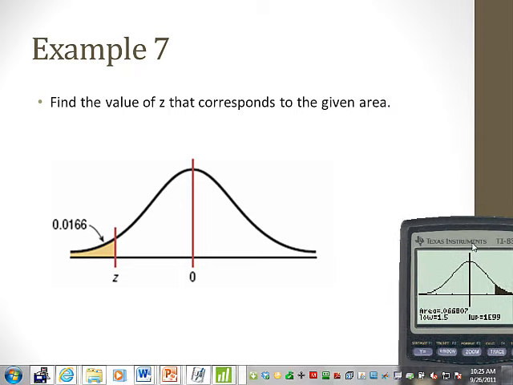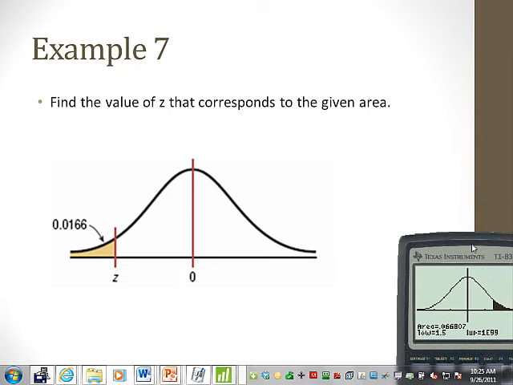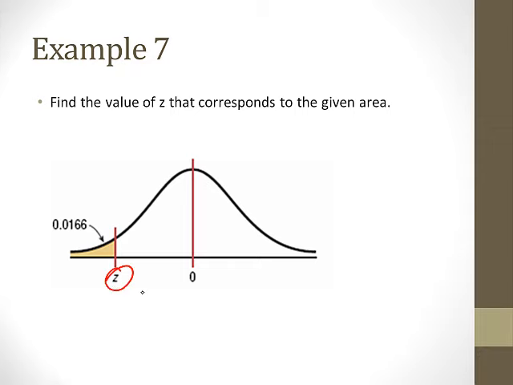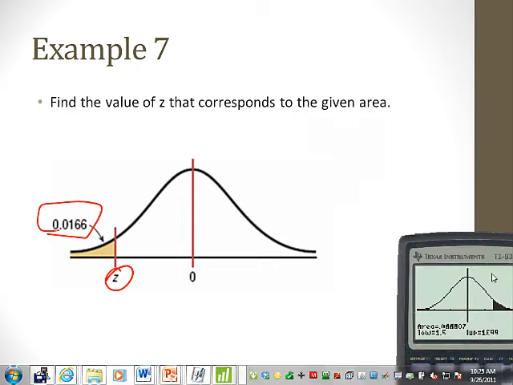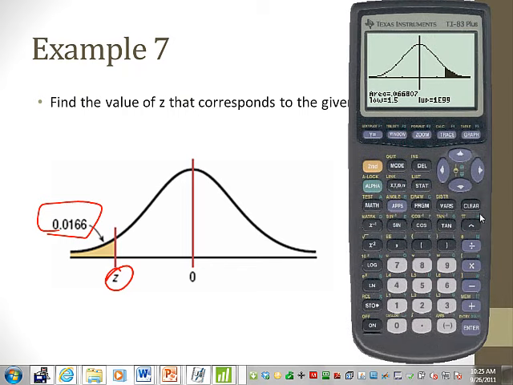Okay, let's do a few more. Going back the other way now. Find the value of z that corresponds to the given area. So now we want to find the z-score that corresponds to this area. In the old days, we used to have to look this number up in a table and back out the z. But we don't do that anymore. We're going to use another command. It's the inverse normal command.